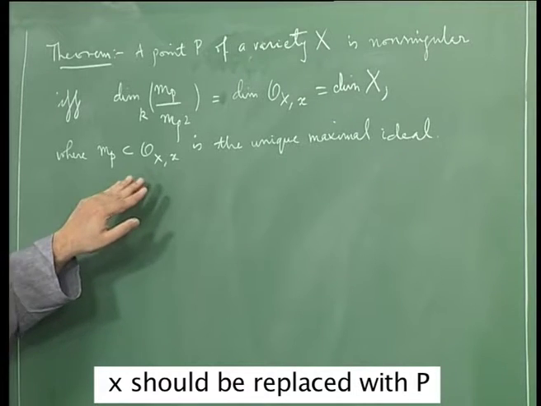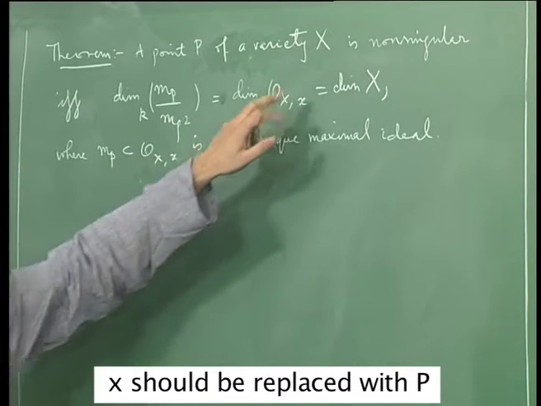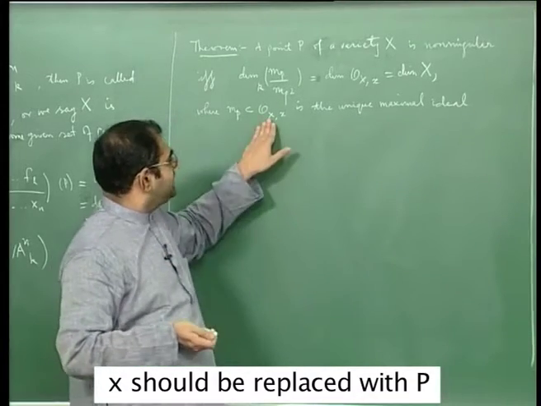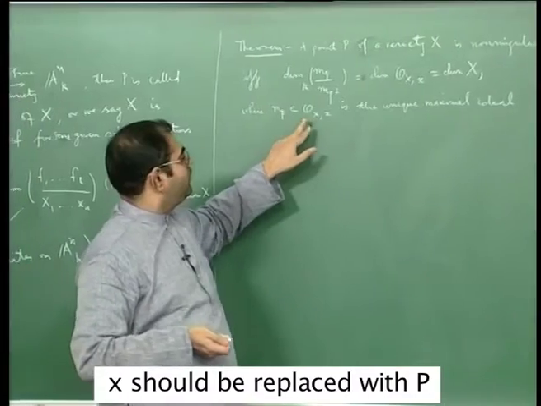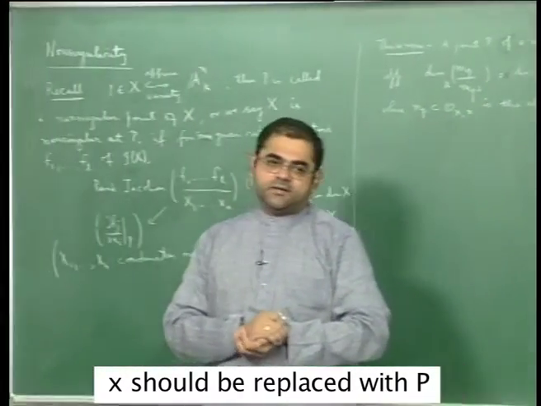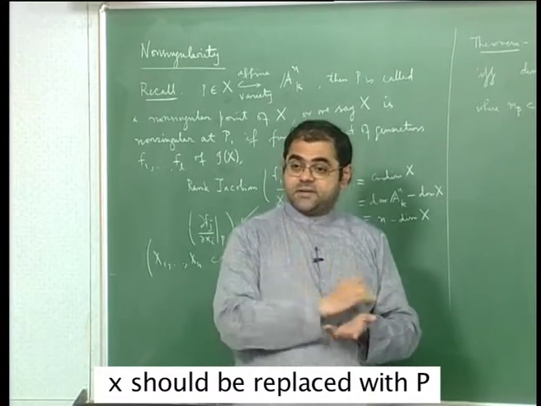And the beautiful thing is that this is intrinsic to the variety. Nobody is bothered about whether x is affine or quasi-affine, or which affine space it is embedded inside.